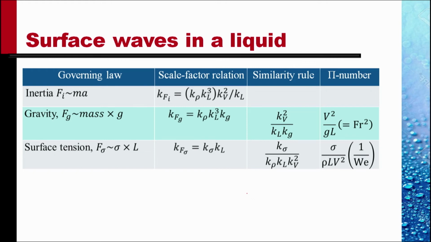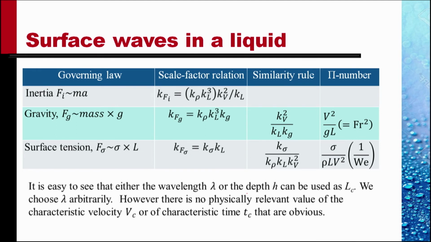The first one is recognized as the square of Froude number, and the second one is given the name Weber number. In fact, it is the reciprocal of the quantity defined as Weber number. So, similarity requires that these 2 pi numbers must match.